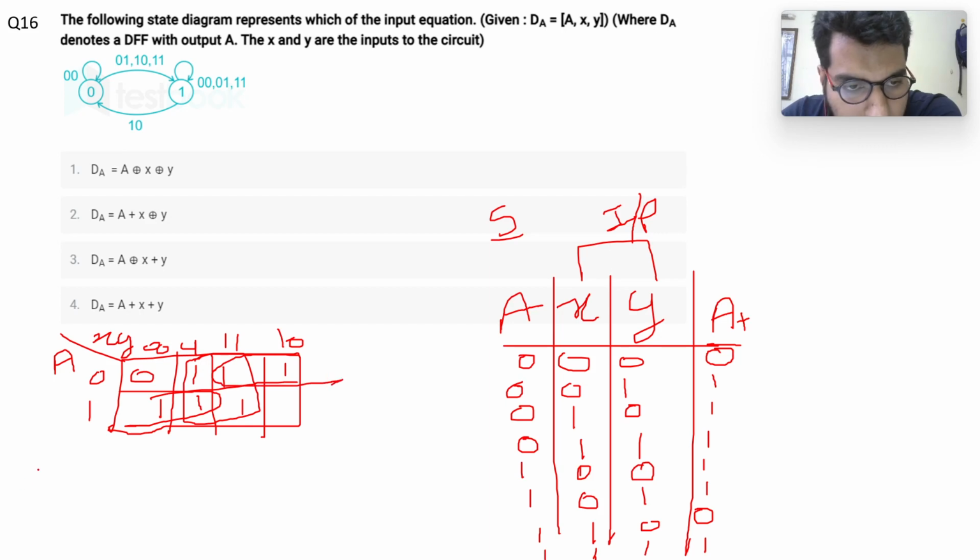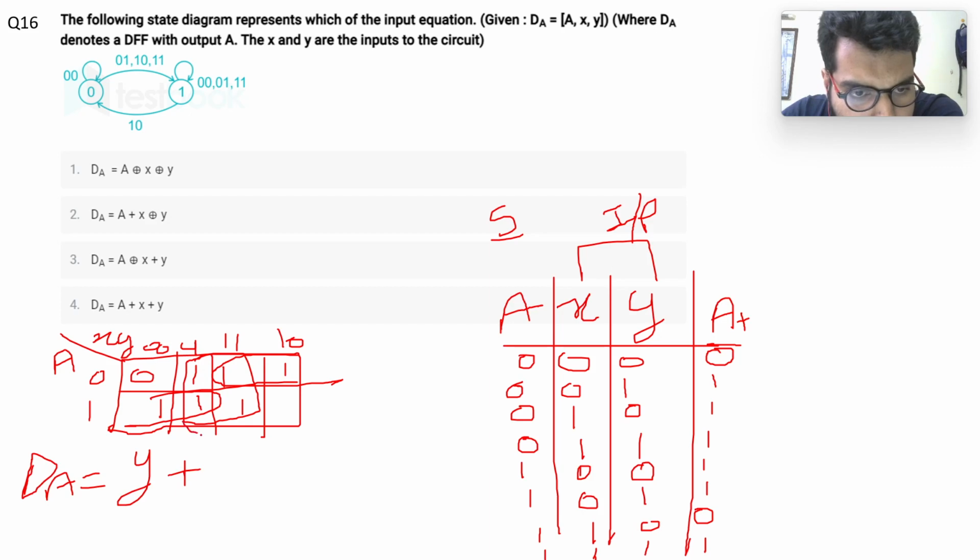So what we have finally is dA will be equal to the quad term coming out from the quad, that is A changing, that is y.